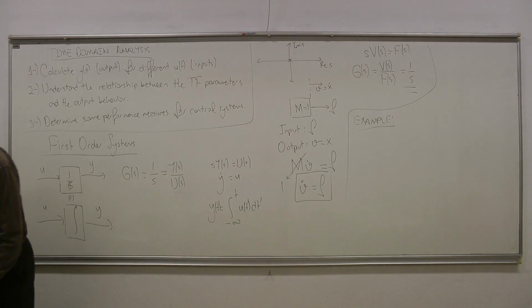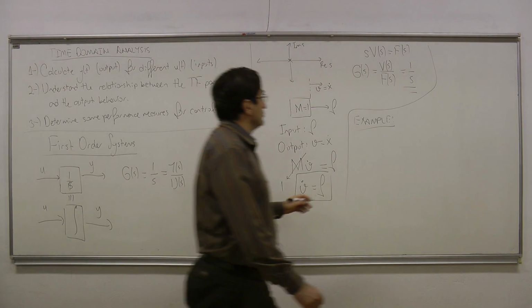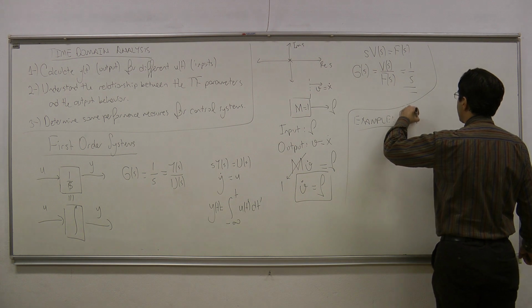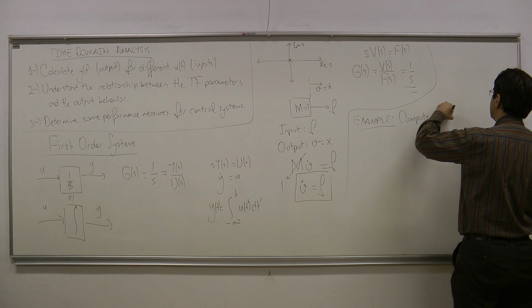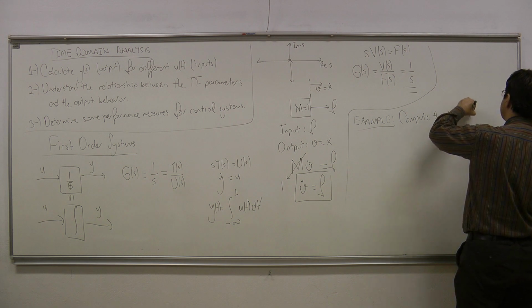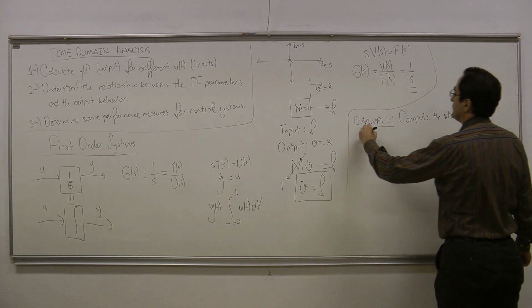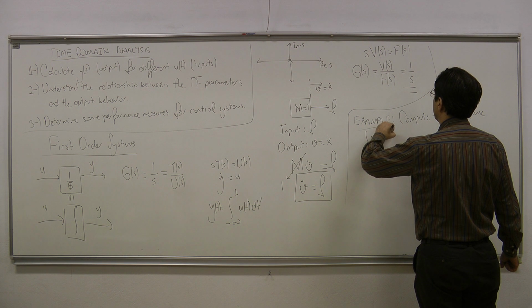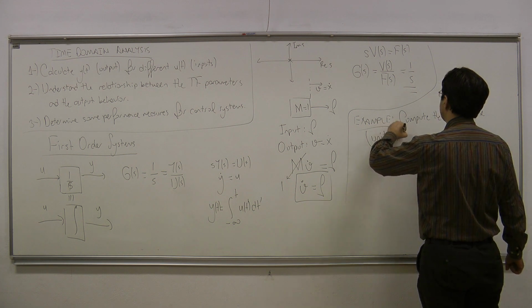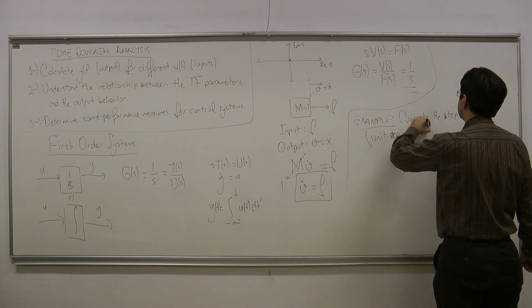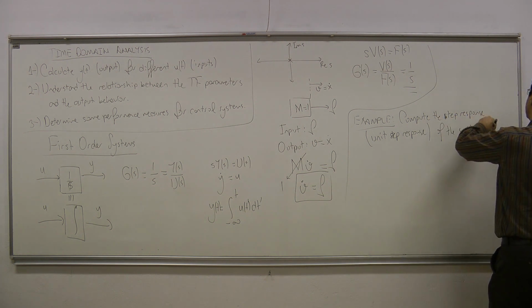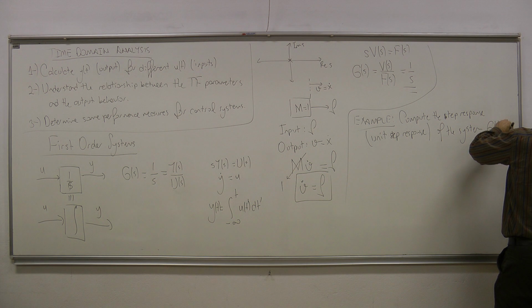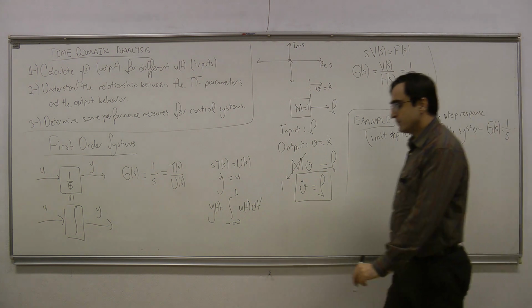In this example, we are going to compute the step response, sometimes we call it unit step response, of the system G of S is equal to 1 over S.